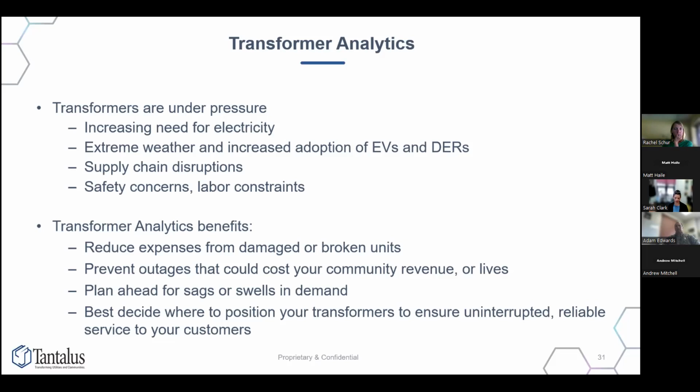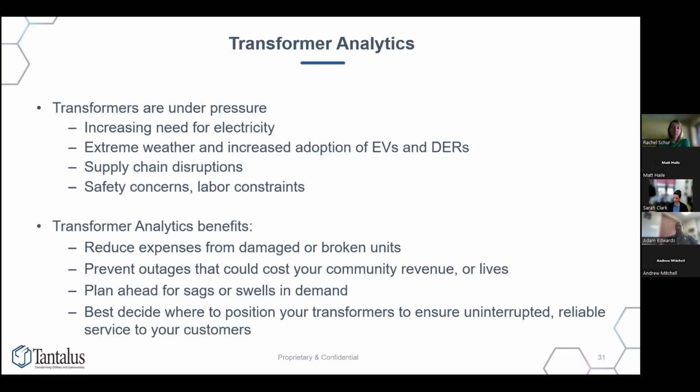So Transformer Analytics, from what we planned for and what we're seeing and hearing from customers like La Plata and Estes Park that are trialing this, is really we're working to reduce expenses around the components themselves, damaged or broken units. We want to make sure that you're able to understand, mitigate, and address those before anything happens. We'd like to prevent outages, or with you, help to prevent outages that can affect the utility, but also the community itself, whether that's in terms of the social aspect of people's quality of life or the cost side of this.